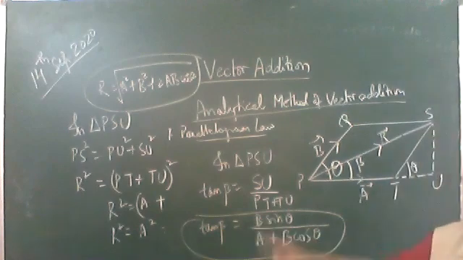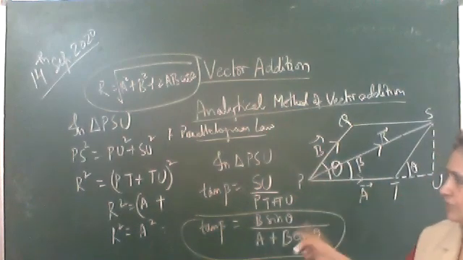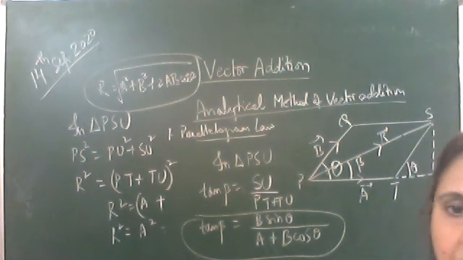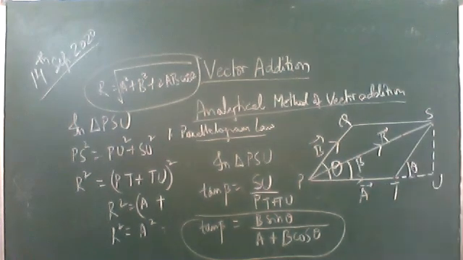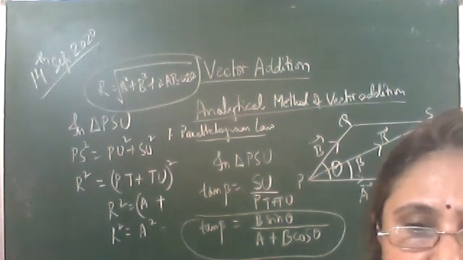This is giving the direction of the resultant vector. Okay, the above box equation is giving the magnitude of the resultant vector. So here we can find out the magnitude as well as the direction of the resultant vector. Okay, note it down.